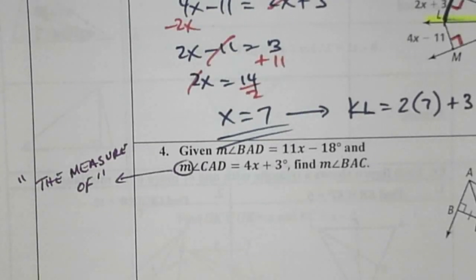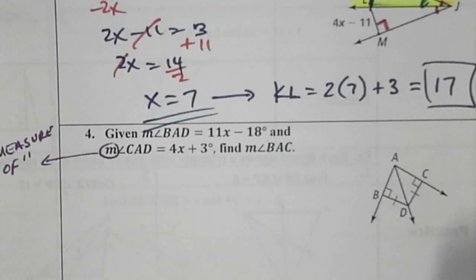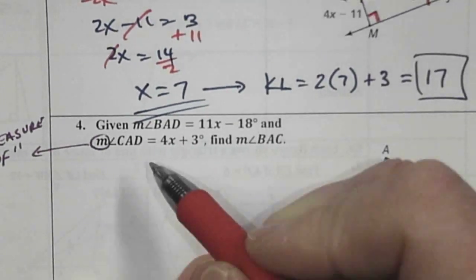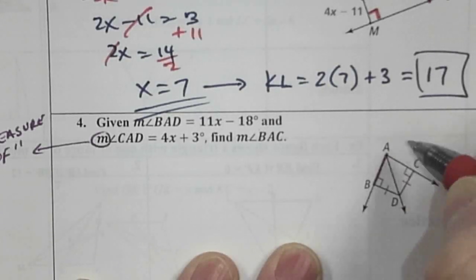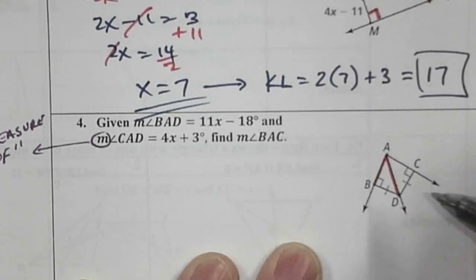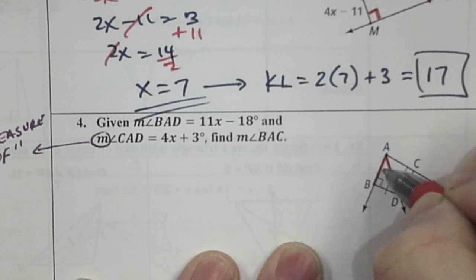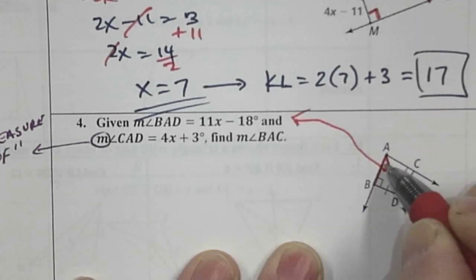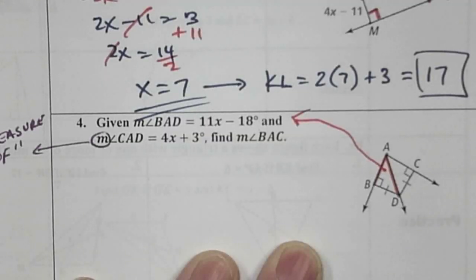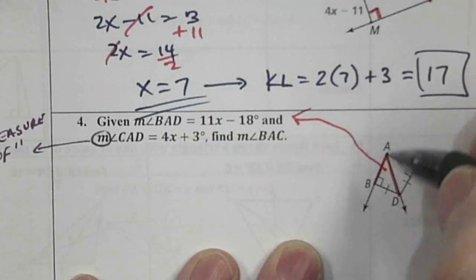All right, watch this. To figure out where angles are, trace the letters. BAD. B is here to A to D. Angle BAD is this angle right here, this little part. Coolness? Coolness.